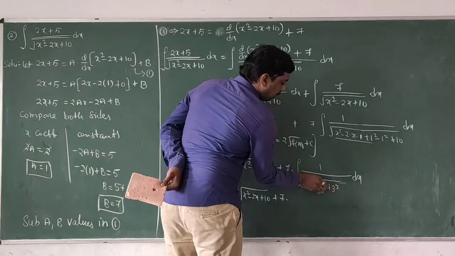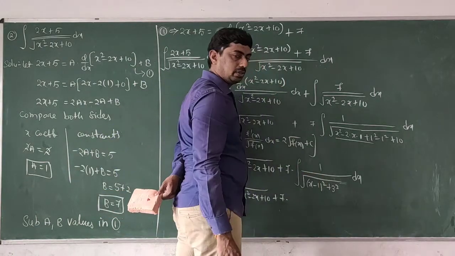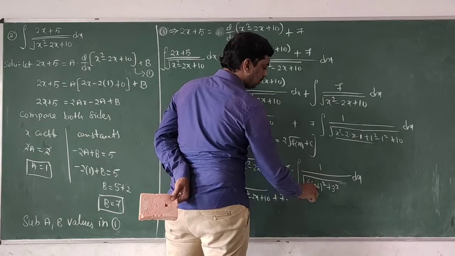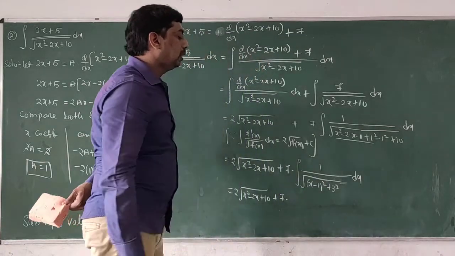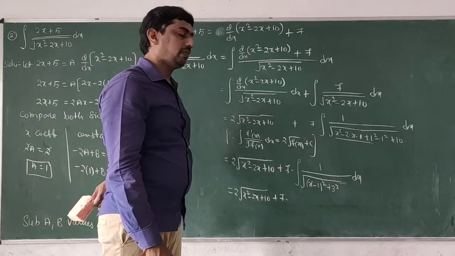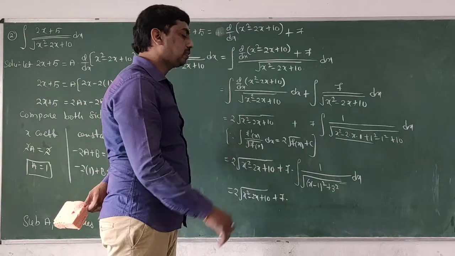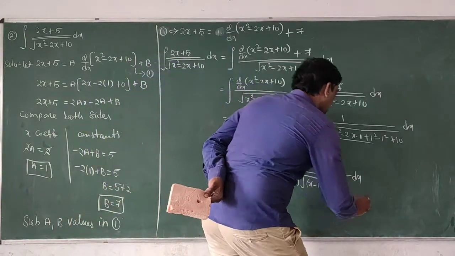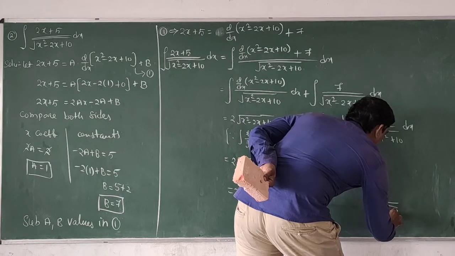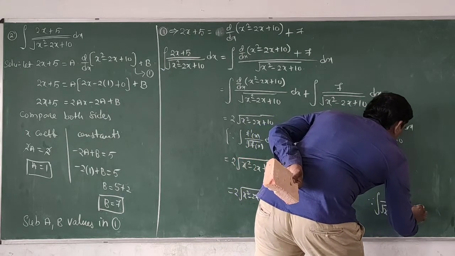If we take x minus 1 equal to t, then it is in the form of integration of 1 by square root of t square plus a square. What is the formula for integration of 1 by square root of x square plus a square dx?